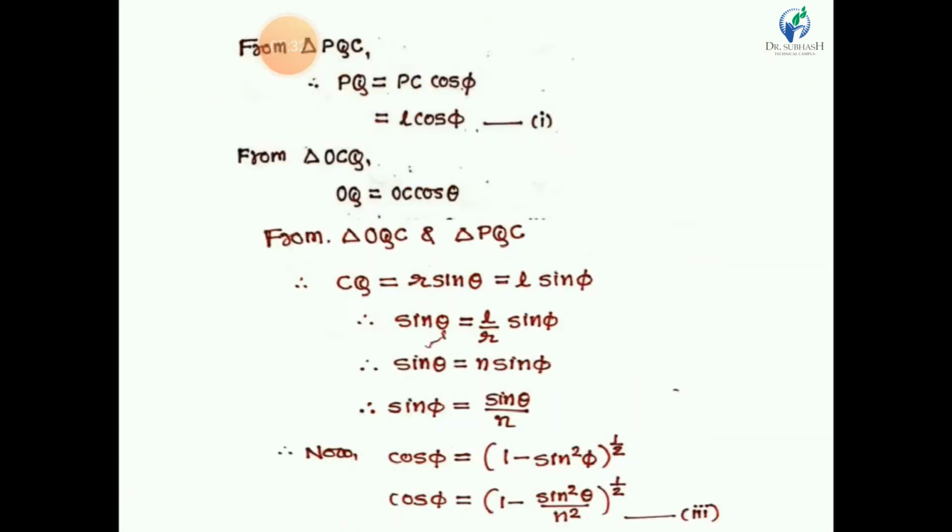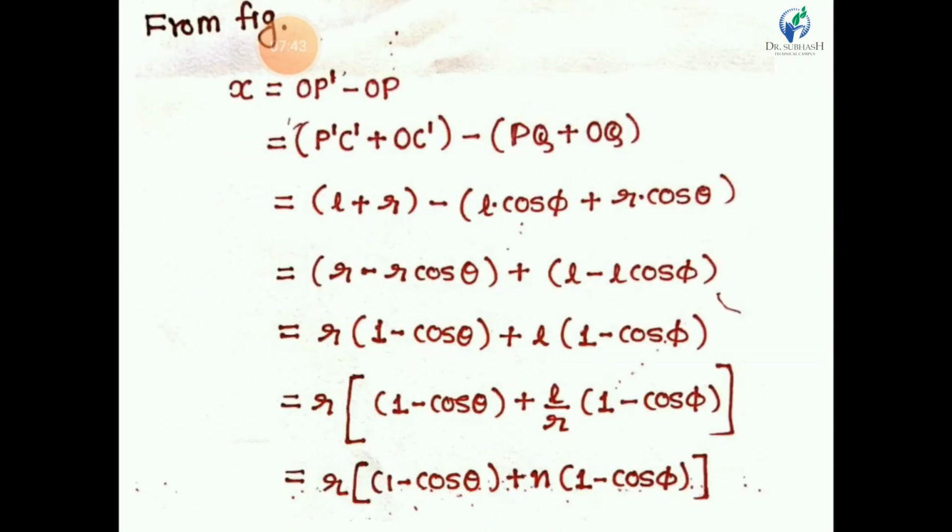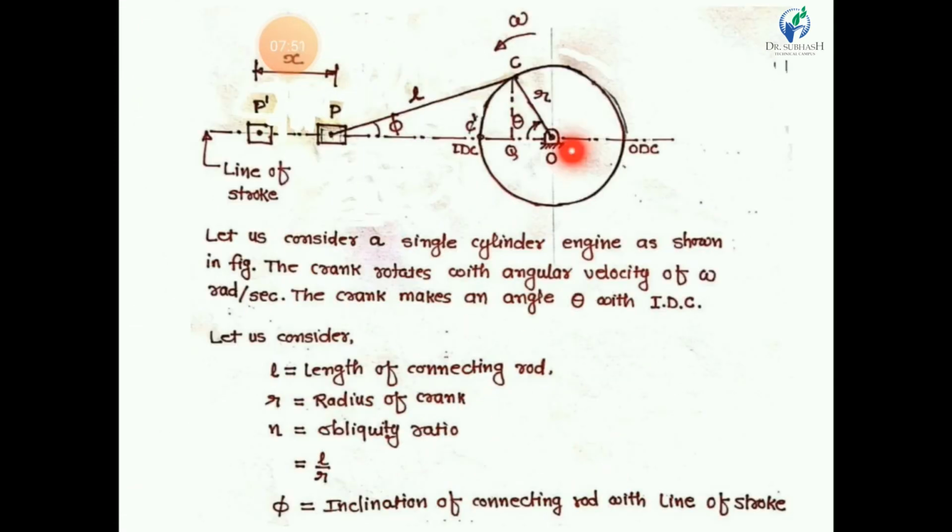Now OP dash is OC dash plus C dash P dash, so OP dash is equal to P dash C dash plus OC dash, and OP is equal to OQ plus QP.